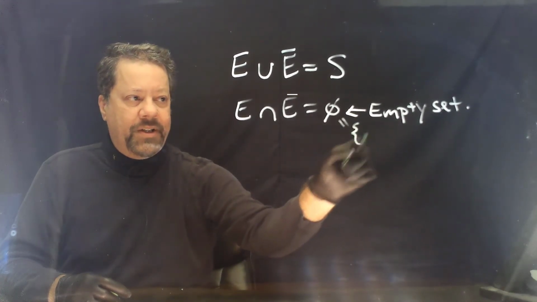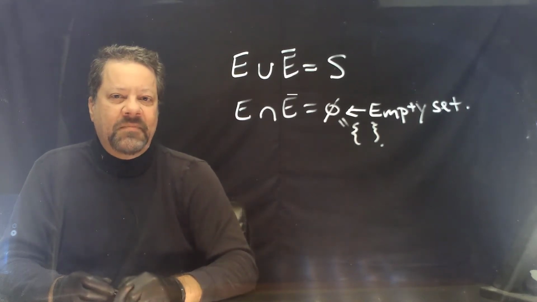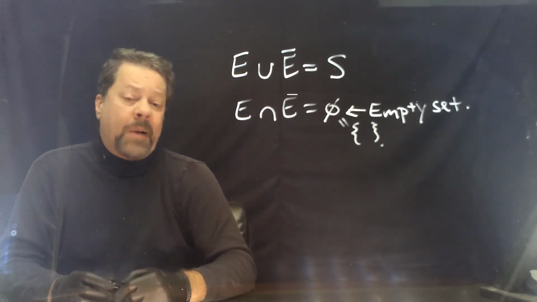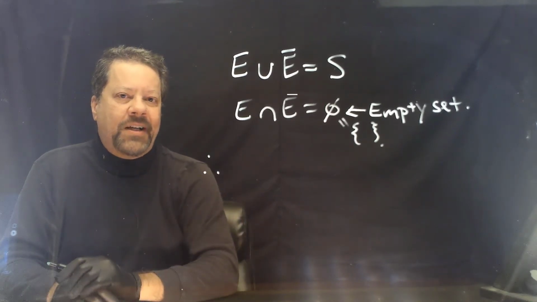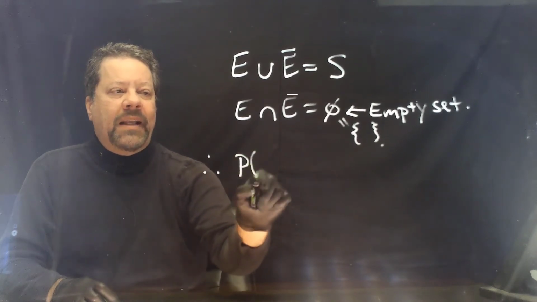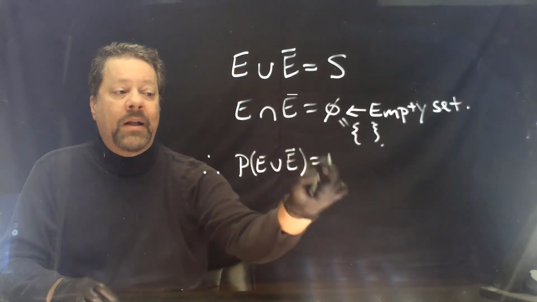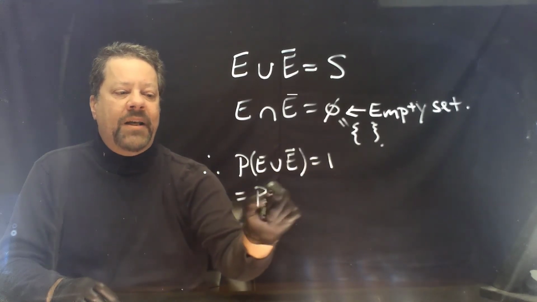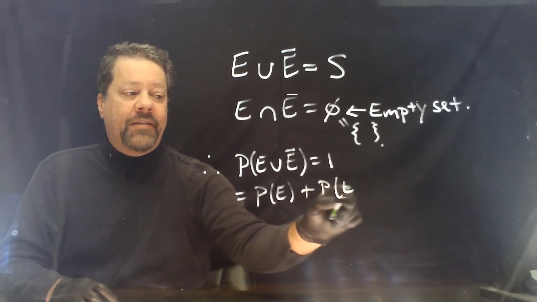Sometimes denoted by just braces with nothing in it. It follows from our postulates about probability, and three dots and a triangle means therefore, the probability of either of these happening will be 1, but it must also be the probability of E plus the probability of its complement.